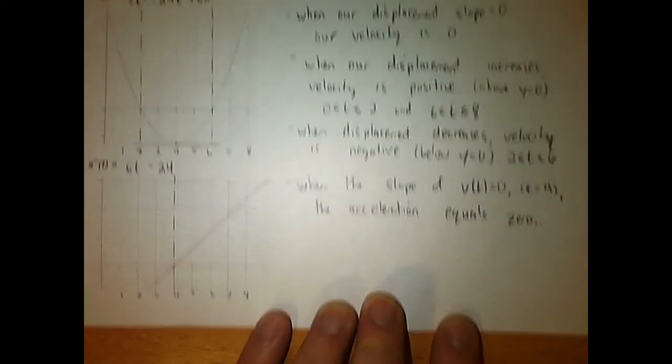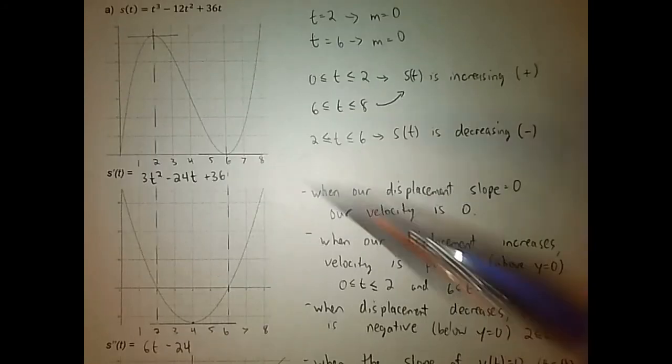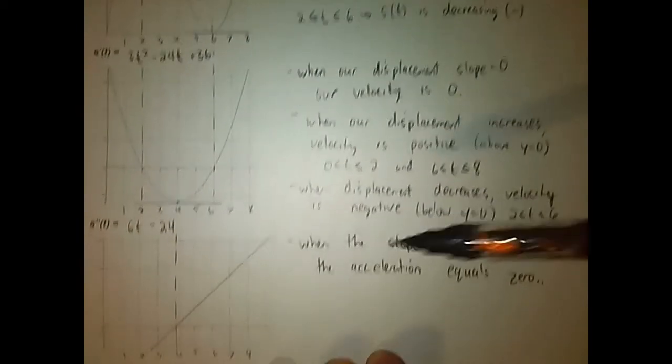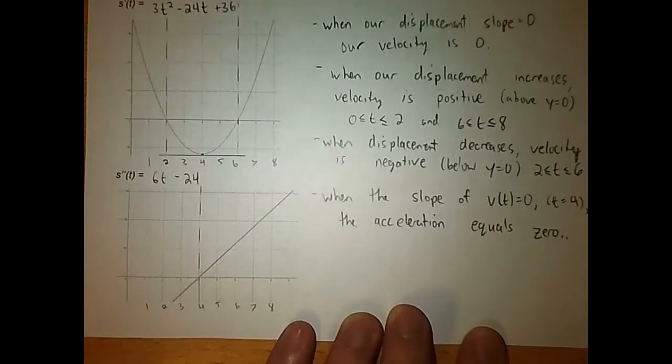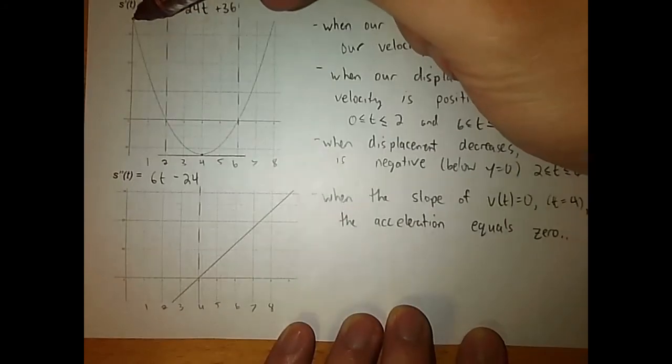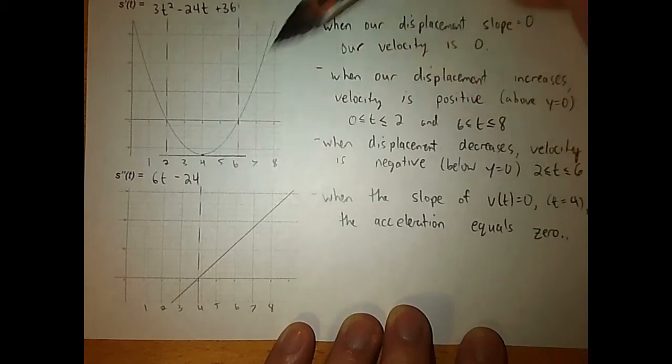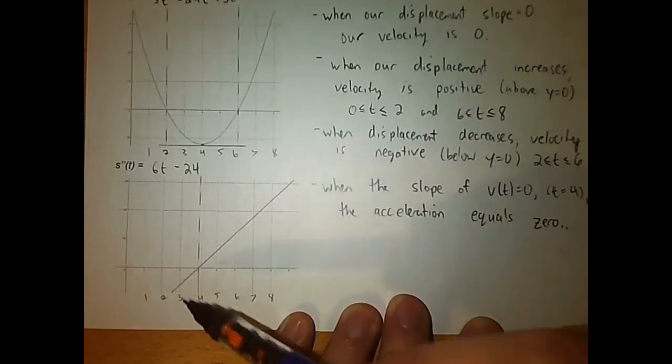And very similar to what we saw up here, when we had this increasing, this was in the positive part. Well, we see in our velocity graph that this is decreasing from 0 to 4, and then increasing from 4 and onwards. And we do see that here as well.